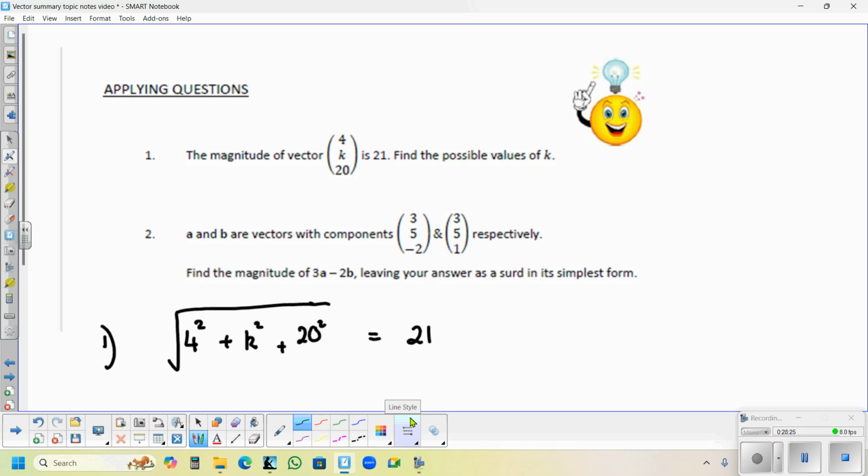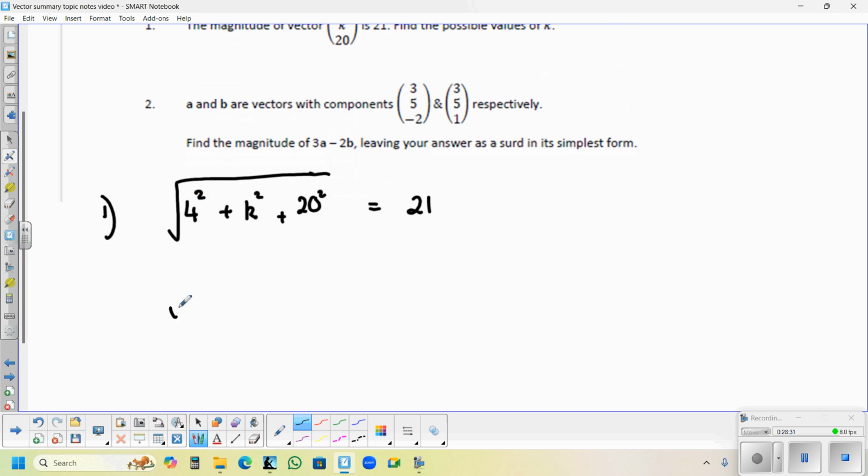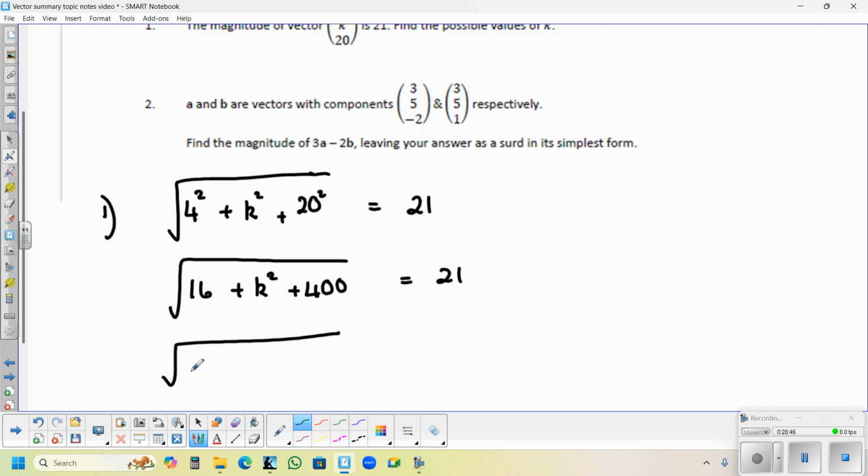So we want to solve this, so we'll do as much as we can. The first thing we'll do is the square root of 4 squared is 16, k squared I can't do anything with, I'll write it in, and 20 squared is 2 2s are 4 and 2 zeros added on. I know the answer to that is 21. So the square root of 416 plus k squared is equal to 21. Now I can't deal with square roots.